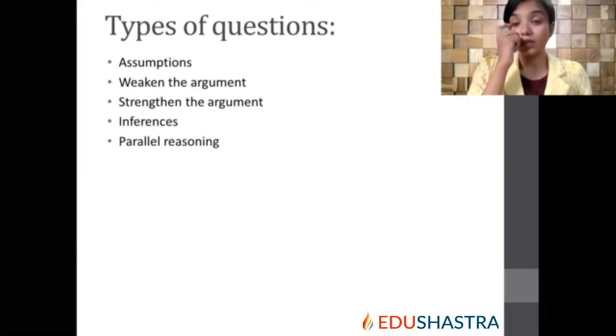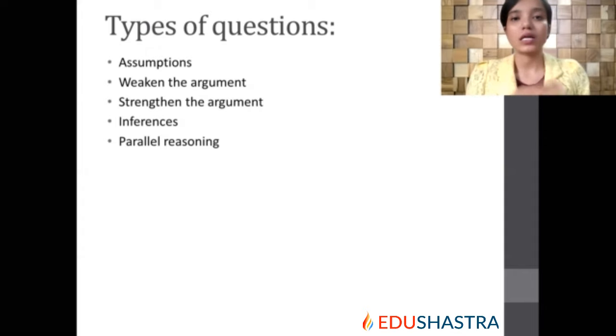Parallel reasoning. Now, this is something quite new and a very common question. When I say parallel reasoning, whatever the question says, the answer option should also say the same. If the question goes in a certain pattern, the answer option should also take the same pattern. A is equal to B, B is equal to C, thus A is equal to C. If this is my question pattern, the answer option should also have the same pattern.